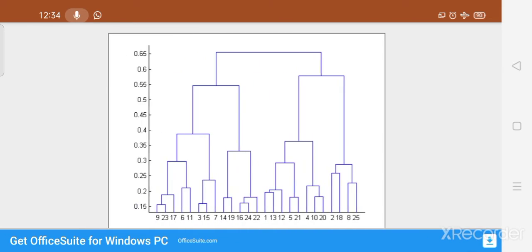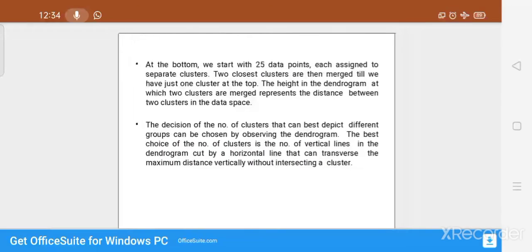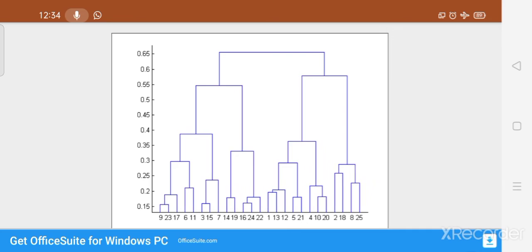Okay. So here we can see at the bottom there are 25 clusters, and after that by considering the closeness of the clusters, it will merge two clusters at a time, until we reach the maximum of only one cluster. Okay.